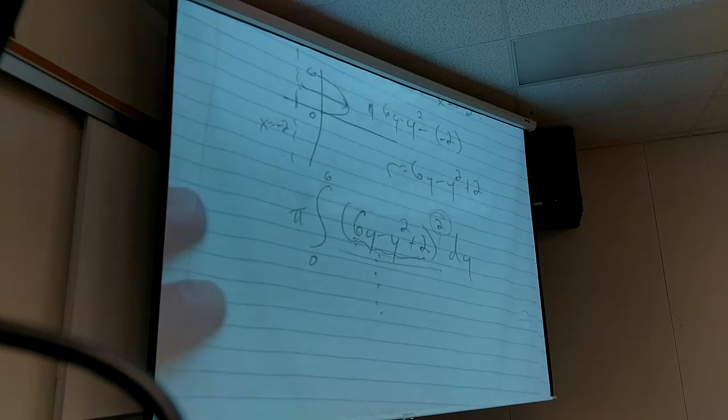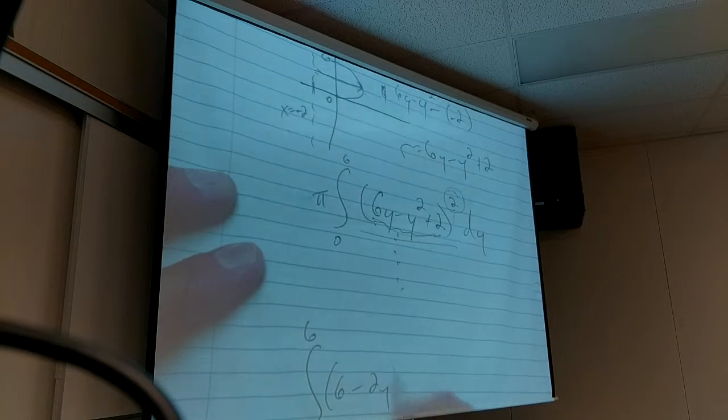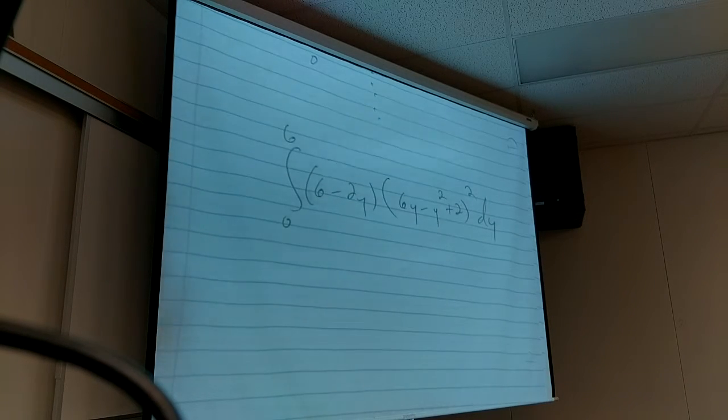Just a side note. This has nothing to do with this problem. But if I had this integral to do instead, why is this integral easier? What do you got, Jeff? This looks like it should be harder. Can anybody tell me why that integral would actually be easier?